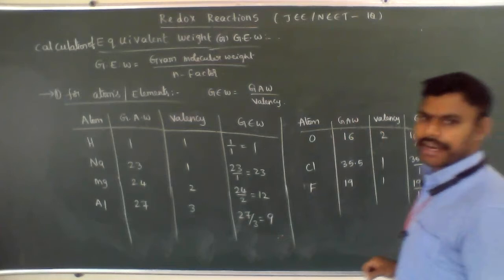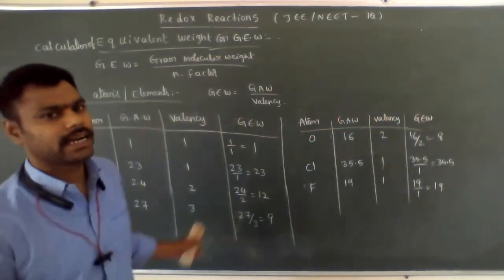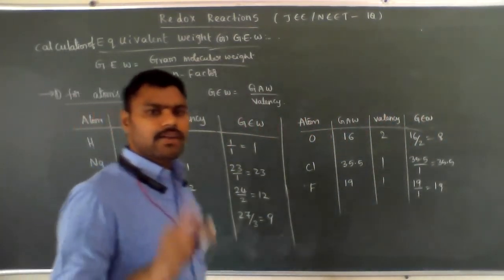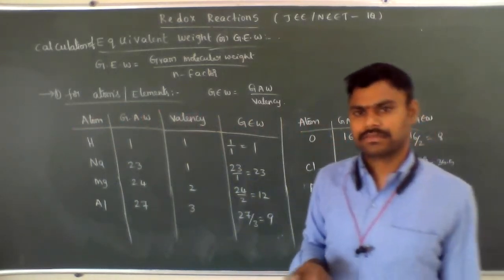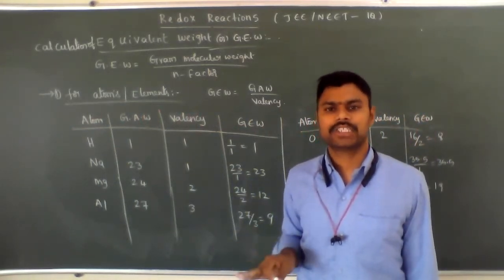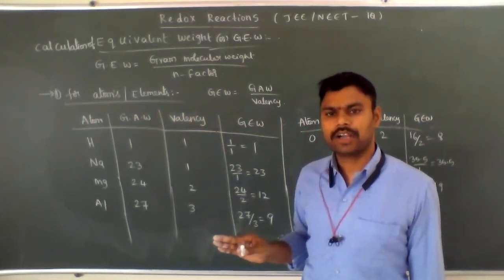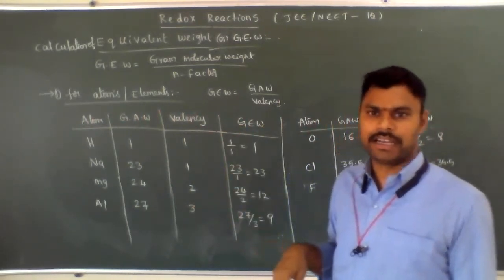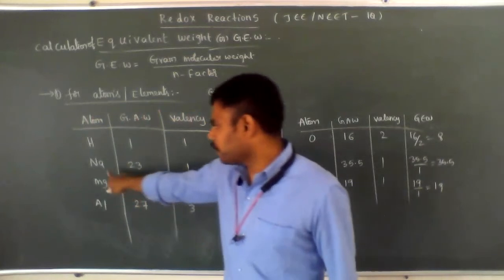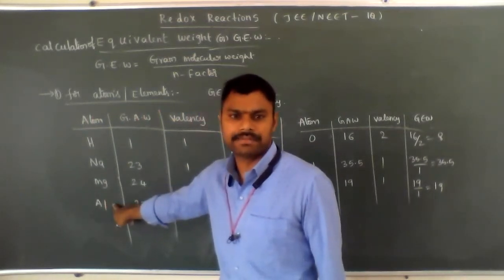So like that, for any atoms, we can calculate their valences. You remember, first A group elements, valence is 1. Second A group elements, valence is 2. Third A group elements, also called 13th group elements, means boron family: boron, aluminium, gallium, indium, thallium.